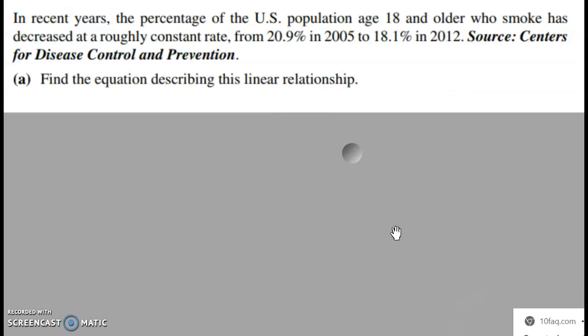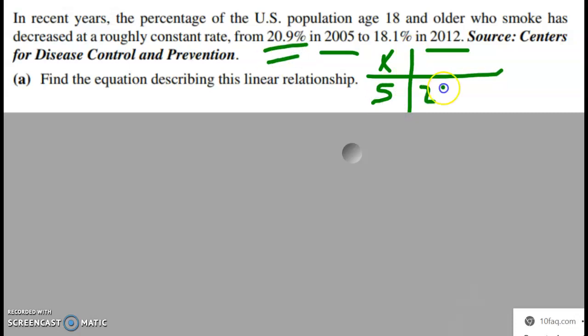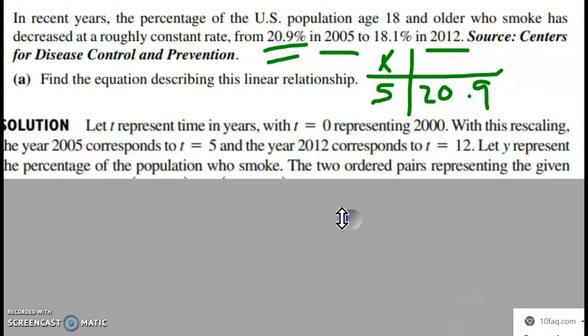So what I'm going to do is kind of use the ordered pair of the time, and I don't want to use 2000, okay? So I'm going to let the number 5 represent 2005, and in 2005 it was 20.9%, and then I'm going to let 12 represent 2012.